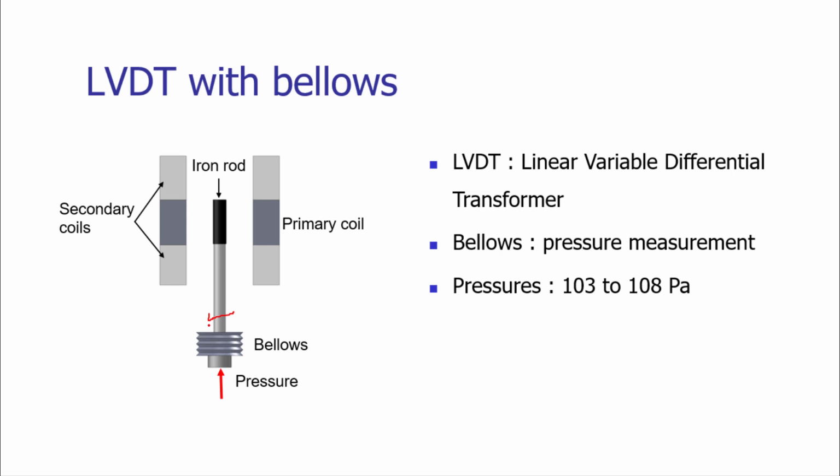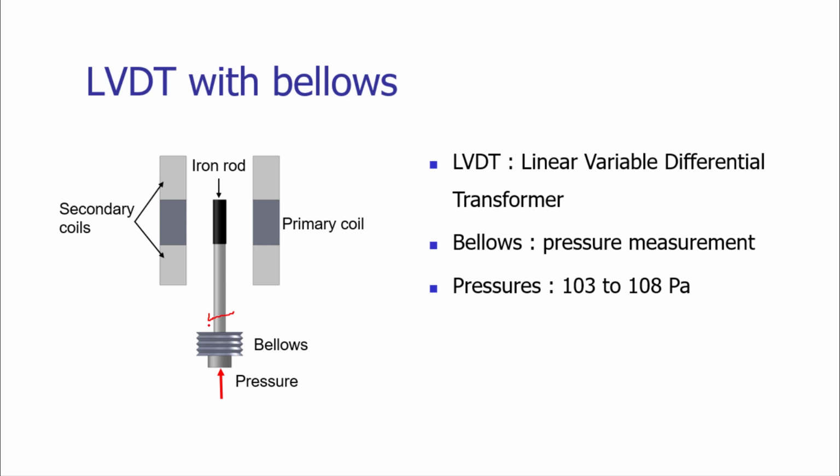As the iron rod is displacing, there is generation of EMF across the secondary coils. The EMF generated across the secondary coils is proportional to the displacement of the rod, and the displacement of the rod is proportional to the pressure. In this way we can easily measure the pressure using the LVDT attached with the bellows.